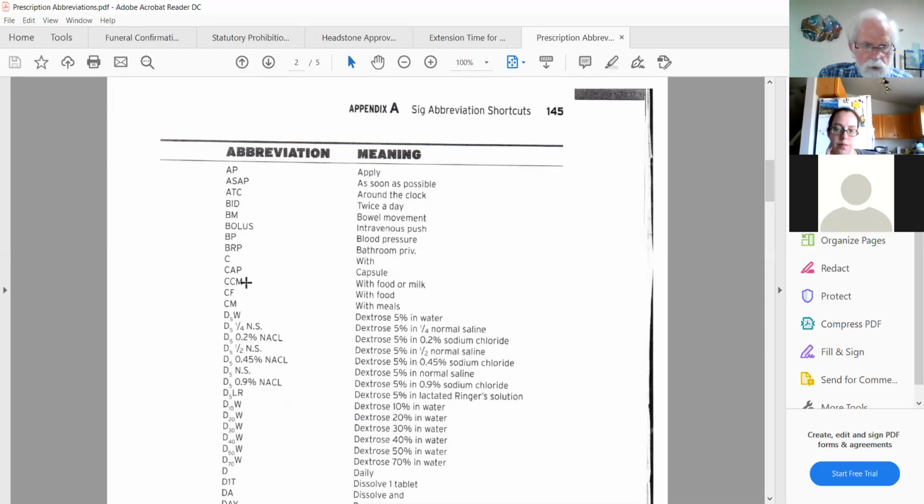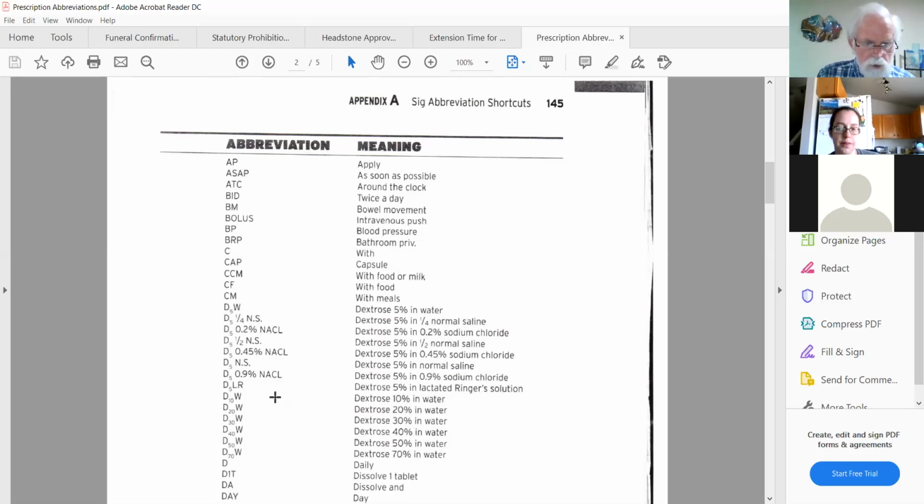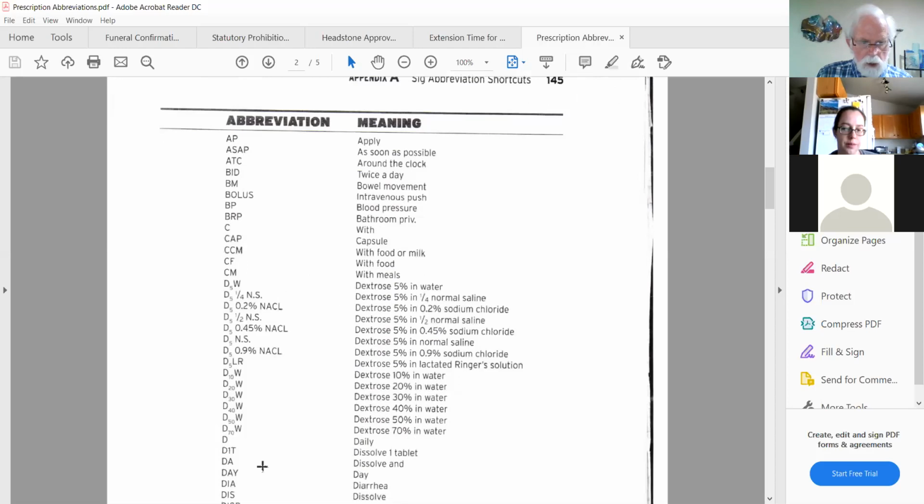With food can be either CC or CM. We should write these things out, and we should be able to interpret them for patients. So a lot of these things we will see.